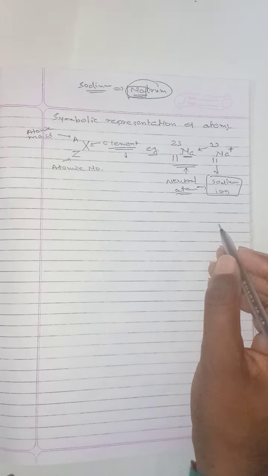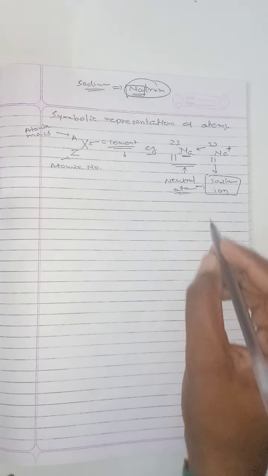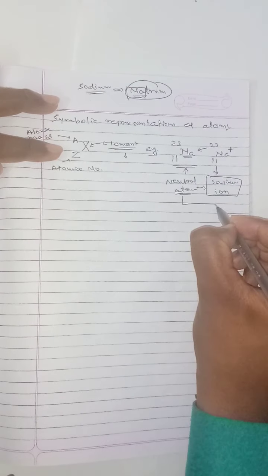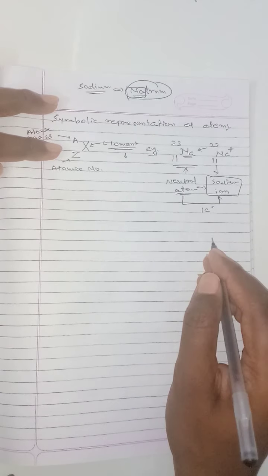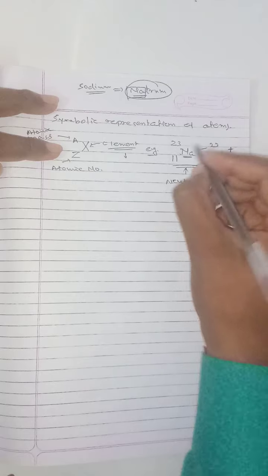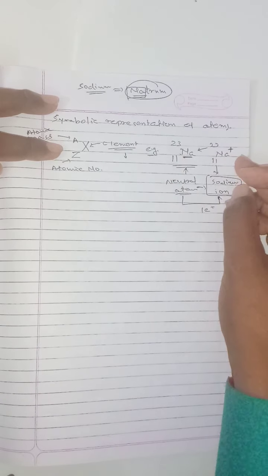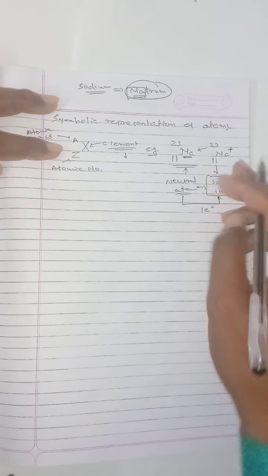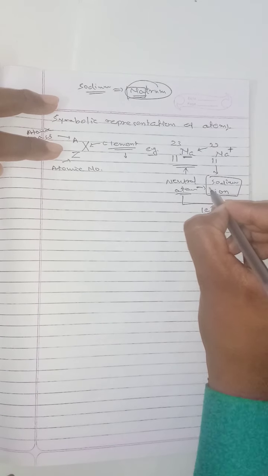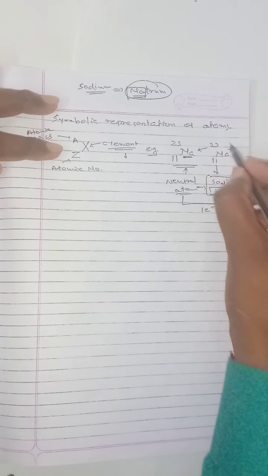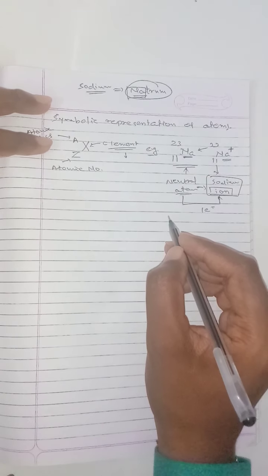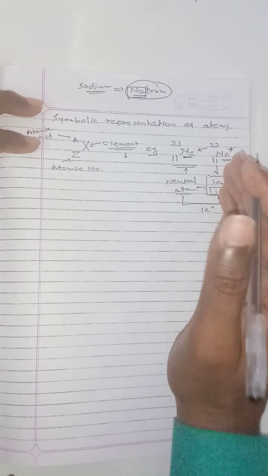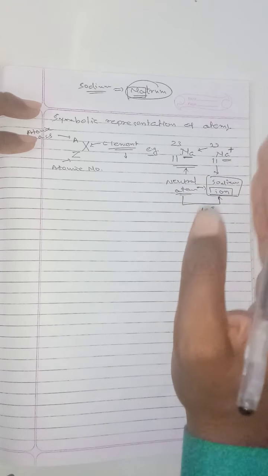This sodium atom loses one electron and is converted to a sodium ion, that means a positive ion. Okay, so this is the basic fundamental idea.